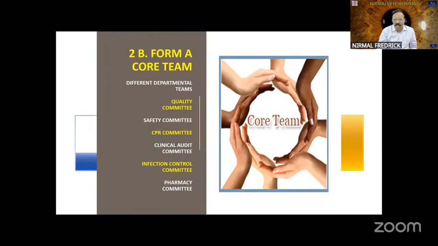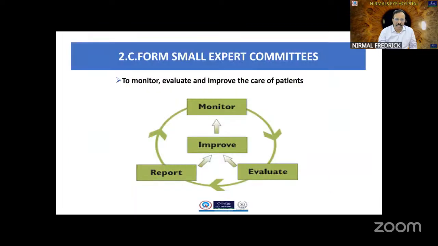It is important to have a core team for implementation. There are various teams necessary, but the top committees are the quality committee, safety committee, CPR committee, as well as the infection control committee. These are the important committees in an eye hospital. Of course, the teams and committees depend on the size of your organization and the number of departments you have.